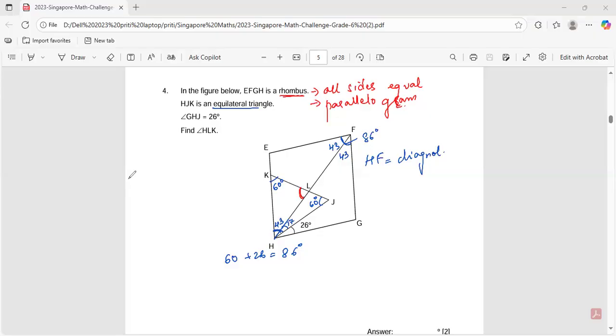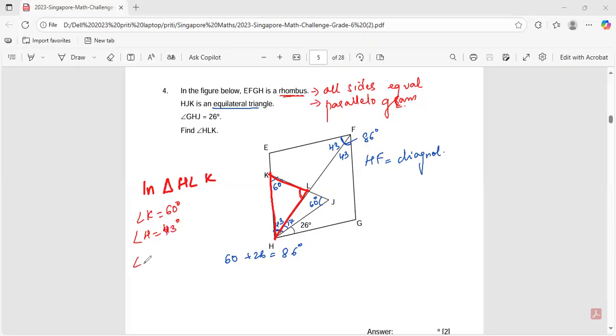So we are only concerned with triangle HLK, this one. In triangle HLK, we have found that angle K is 60 degrees, which is part of the equilateral triangle. Angle H is 43 degrees, which we have just found.